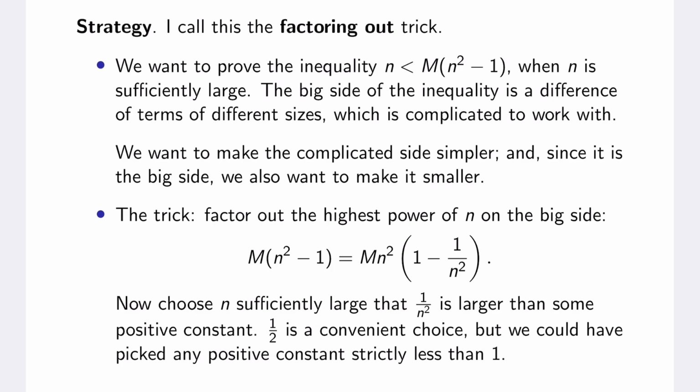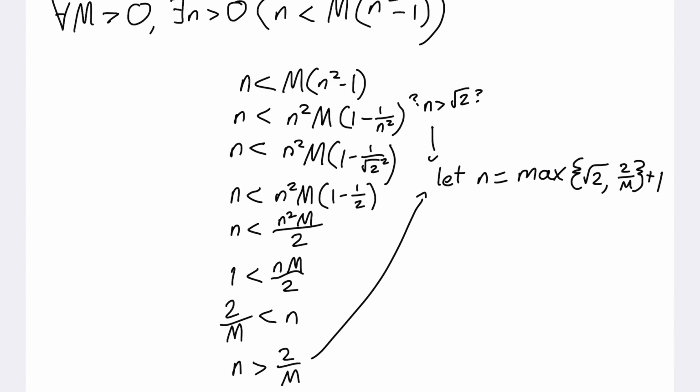I like that last sentence in the slide. 1/2 is a convenient choice, but we could have picked any positive constant strictly less than 1. So if we were in a situation like this, it would have been equally valid to say maybe n is greater than root 3, and then that would turn into 1 minus root 3.